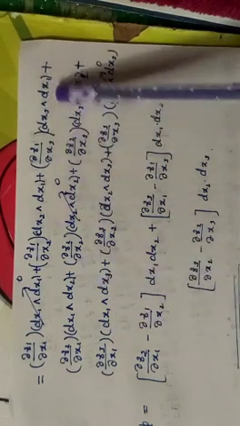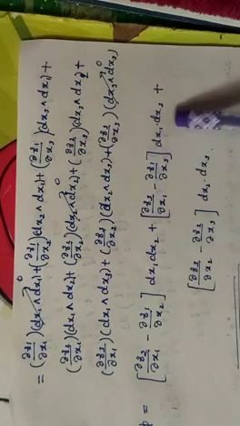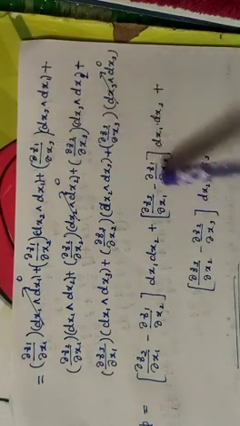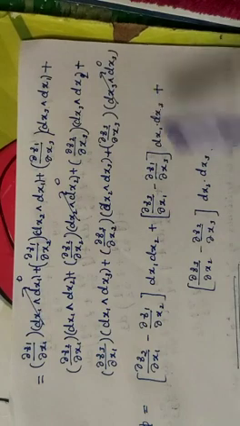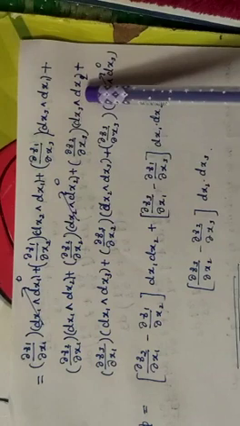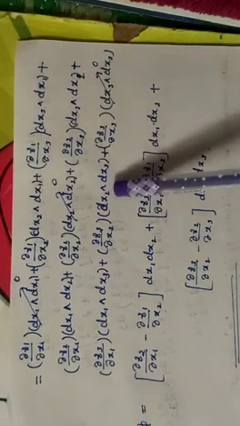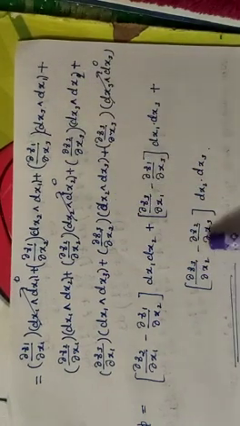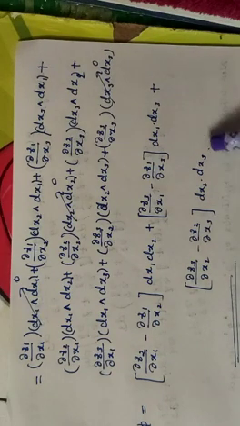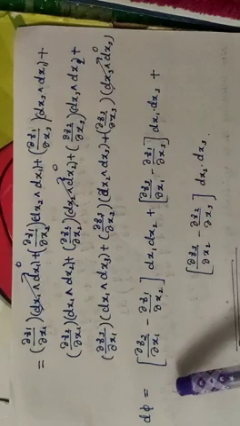So these two are the same, so we take it outside. Then the remaining is del f3 by del x1 minus del f1 by del x3. Similarly, we write the remaining term, that is del f3 by del x2 minus del f2 by del x3 into dx2 wedge dx3. So this is d pi.